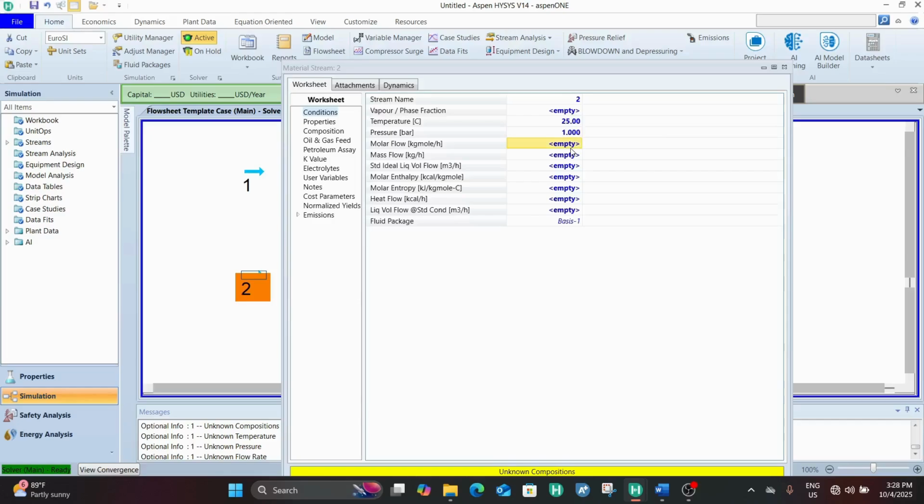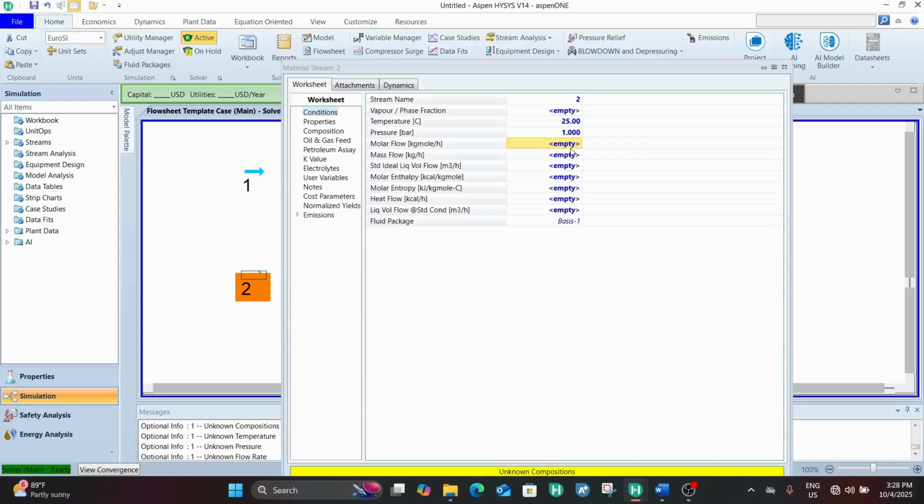And for the molar flow rates, usually it has a ratio. When working with potassium hydroxide, you need about 20 to 30% of the feed of water. So we're going to be adding about 20 to 30% of our water as potassium hydroxide.